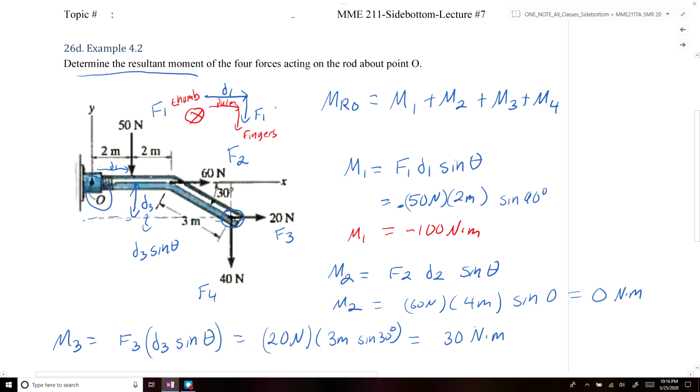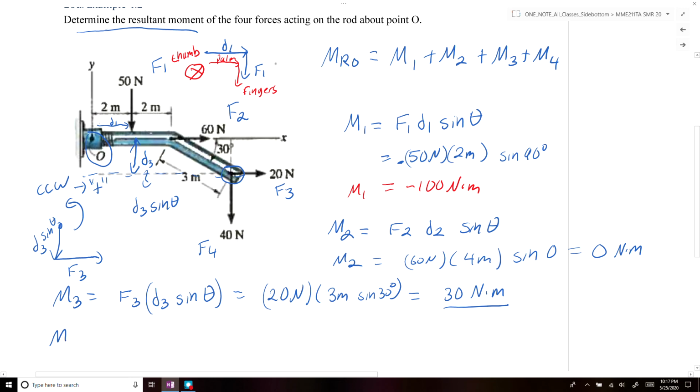Okay, and based off of our D3 and our F3, that's going to create a counterclockwise moment about our point O. Therefore, it should be a positive moment. So it will remain as 30 Newton meters, not negative 30.